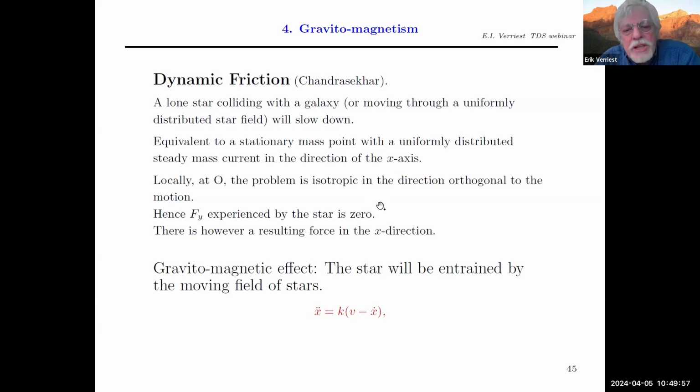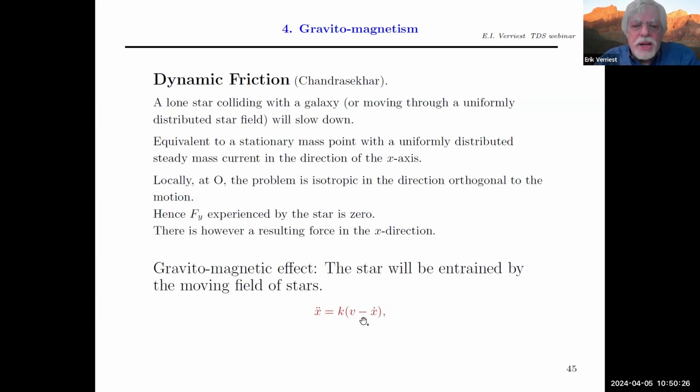And so this means that the galaxy will feel like a syrupy material where you drop something in. So there will be, to first order, a form something like this here: x double dot is this friction coefficient times v minus x dot.